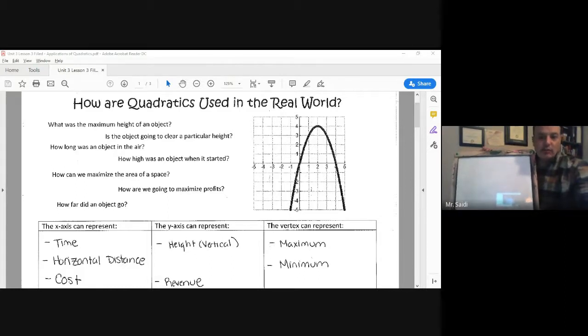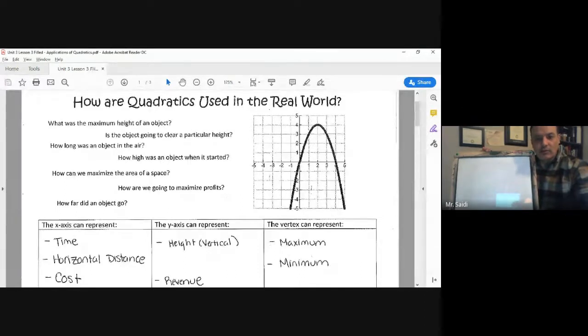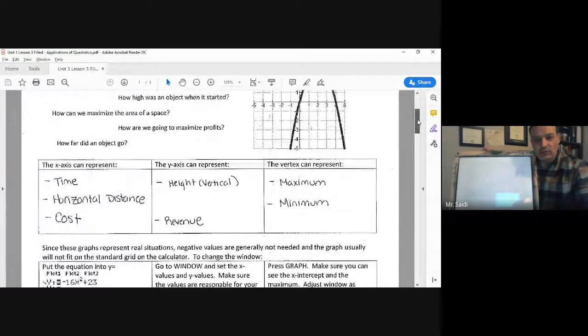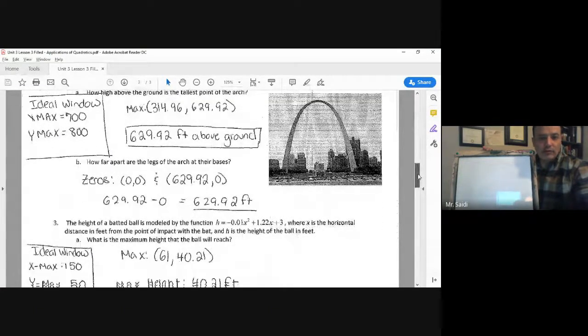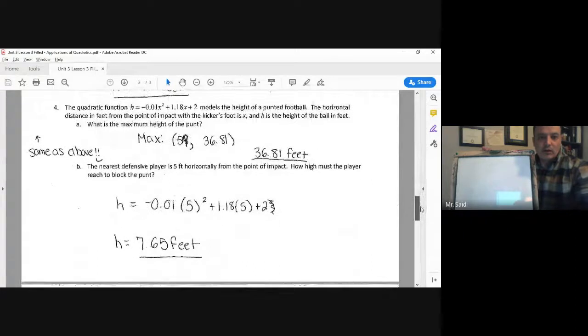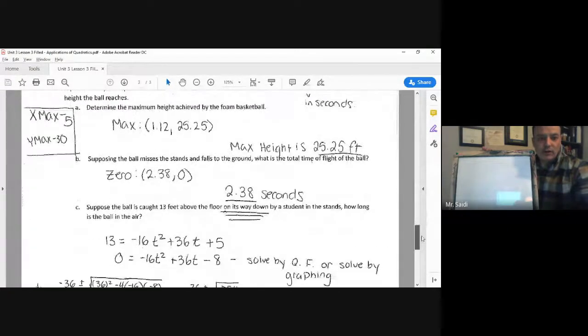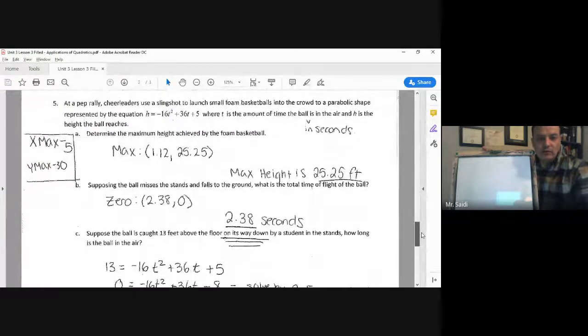So here's an example. I'll show the answers here so you can work ahead or check your answers. They're all pretty much the same, but we'll do number 5.